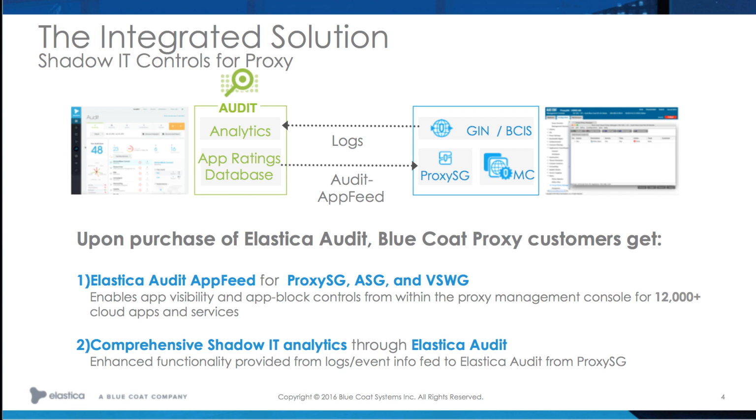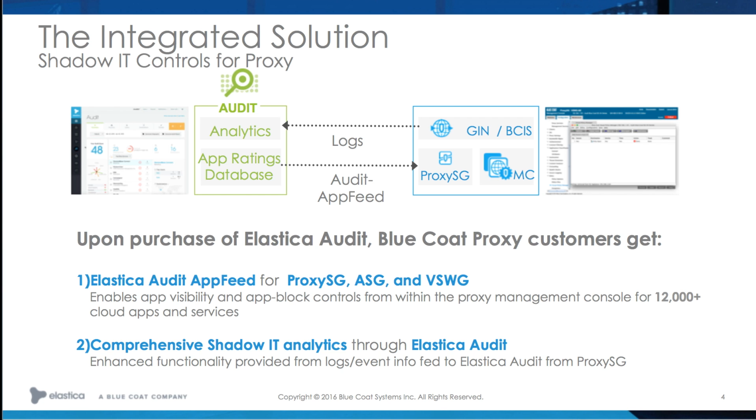Under the hood, these capabilities are powered by Audit App Feed, a rich database that contains evaluation of cloud apps for business readiness on over 60 attributes related to security, compliance, and business risk.